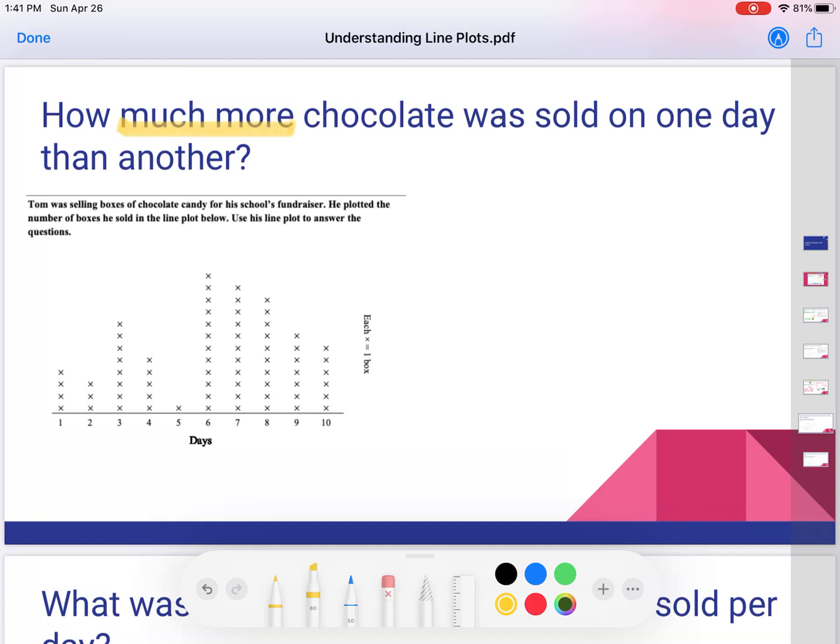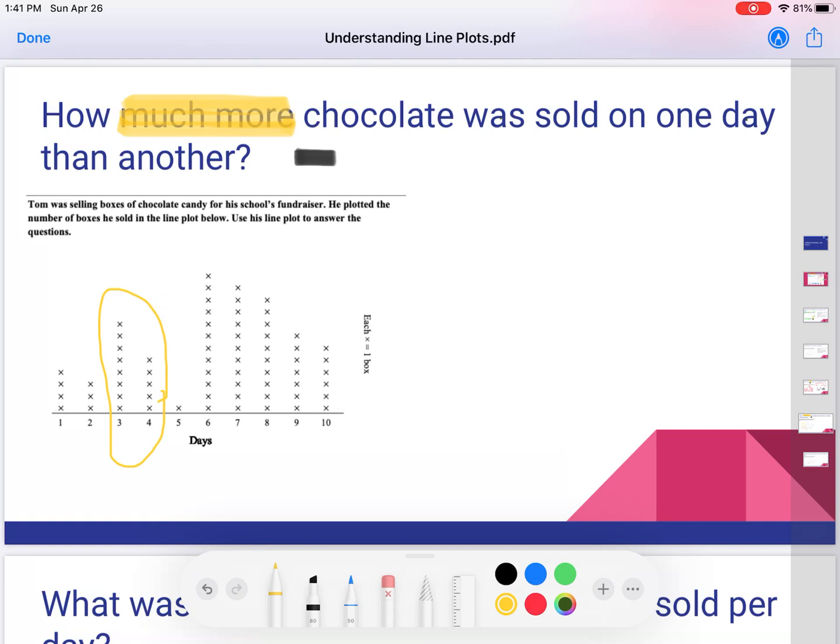All right, did you say much more? If so, you were right. The phrase much more tells us that we have to use the operation of subtraction. So let's look at days 3 and 4 for this one. And I'm going to circle both of them.